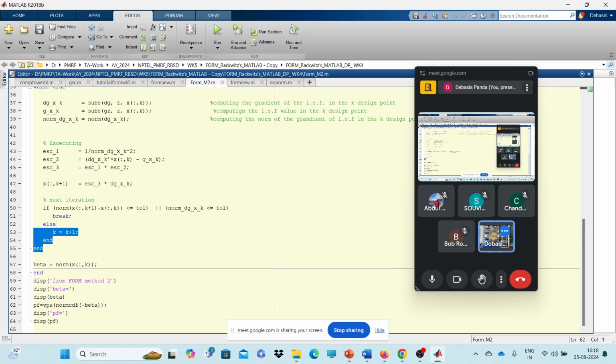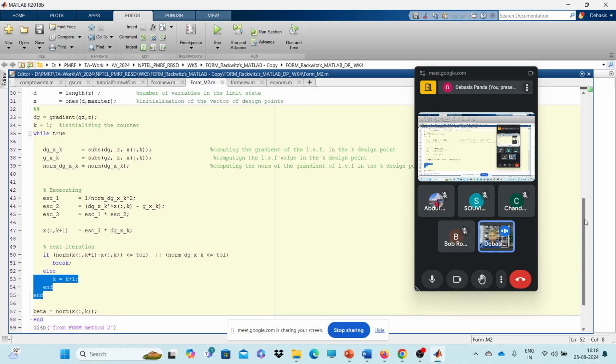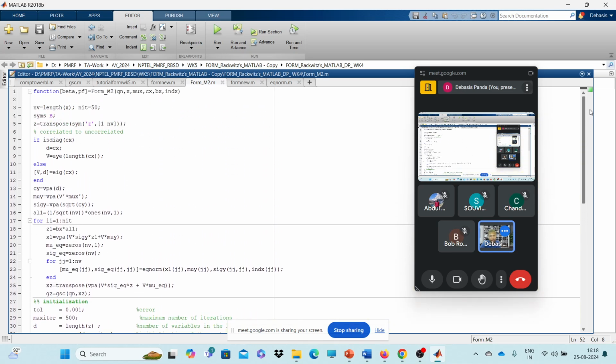Now to call this algorithm, we just need the same parameters here. What I said before, our intention is to make one function file and one script, so that we can handle all kinds of problems in one script.